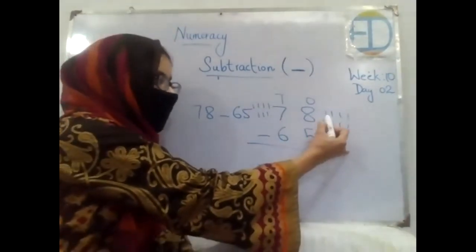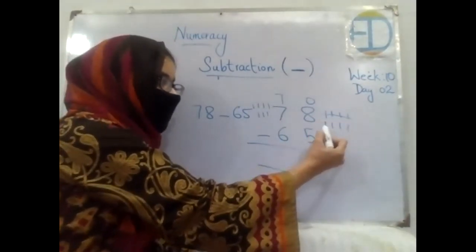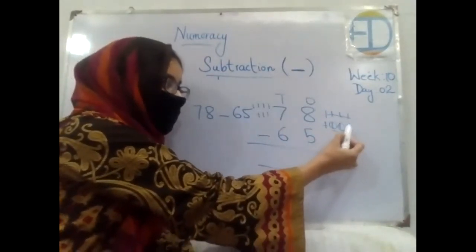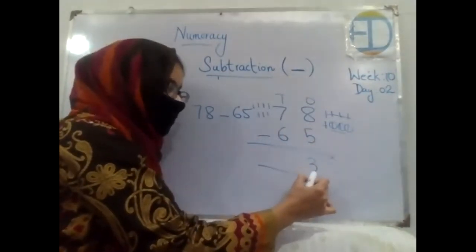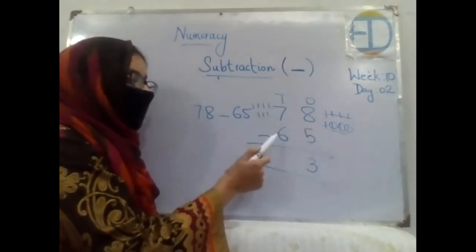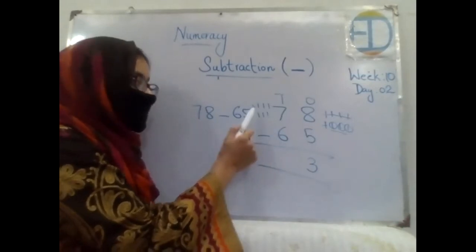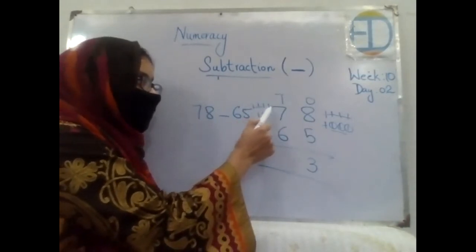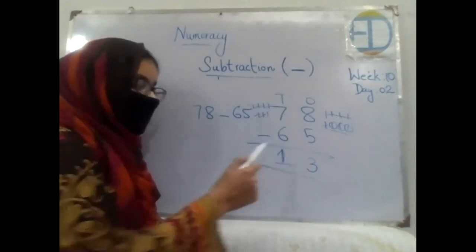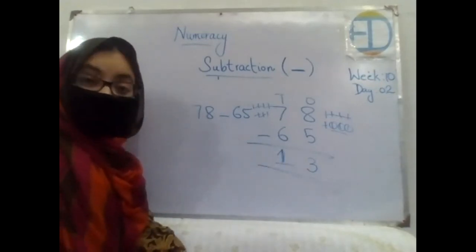Five. So one, two, three, four, five. How many are left? One, two, three. So write number three over here. Then on this side, how many lines? Seven. And how many are you supposed to cancel? Six. So one, two, three, four, five, six. How many are left? Only one. So this means that the answer is 13.